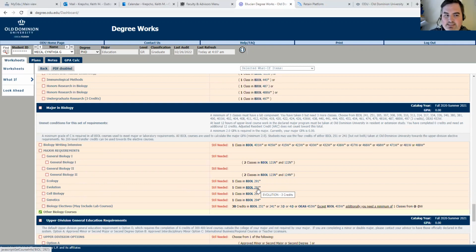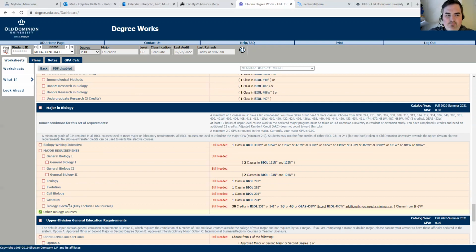You would still need to complete cell bio and genetics, but ecology and evolution would be primary, so you can dig into more of those ecological courses. Cell bio and genetics is more relatable to med school students, PA, maybe dental. If you're interested in more of those medical science courses, cell bio and genetics would be your priority. Again, you'd still need to complete ecology and evolution.